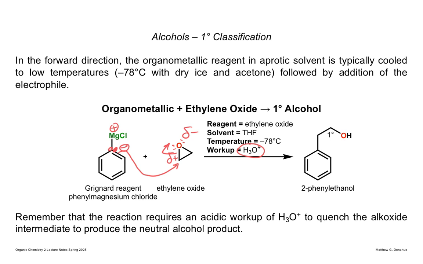And again, you end up with a primary alcohol in that case, but now you have that linker. So I'll highlight that in blue. So see these two carbons? Really, you're looking for that pattern. So when you see CH2, CH2OH, you can say, I can use ethylene oxide to make that.